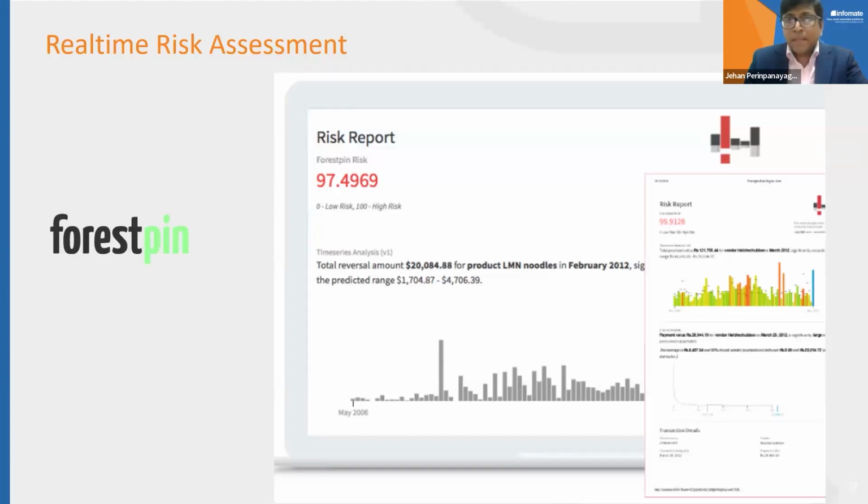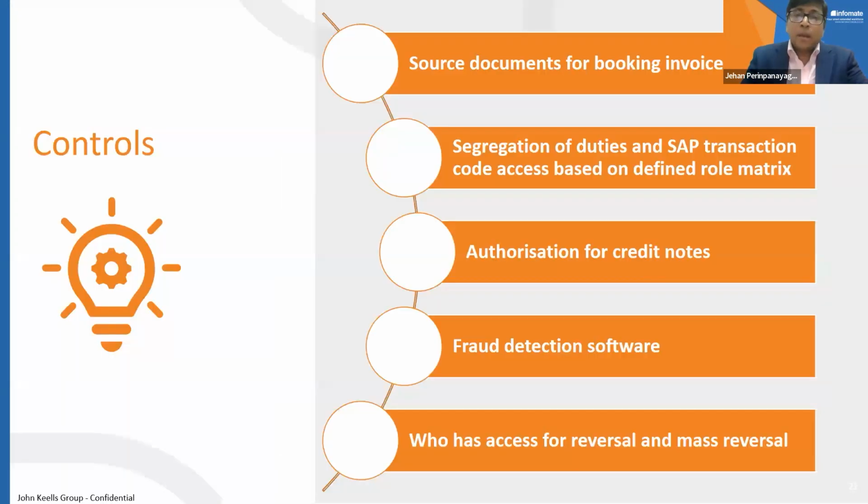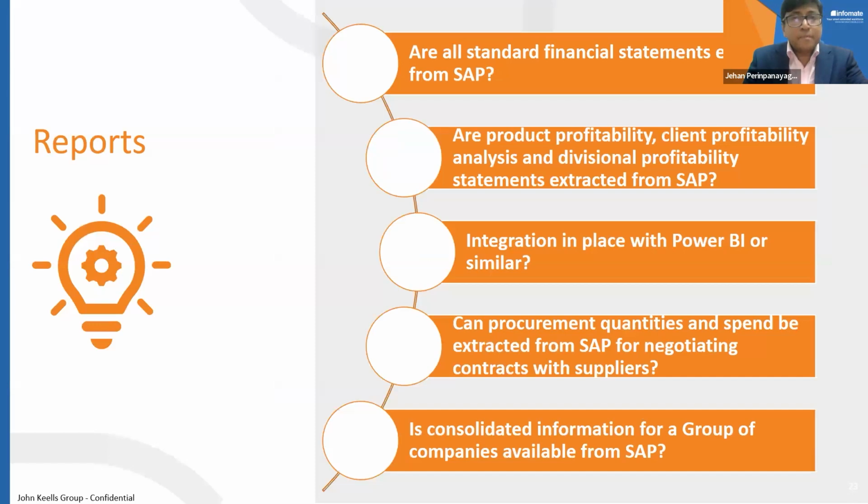So what it means is that your audits are happening instantaneously rather than once a year. It's also happening on the entire population rather than on a sample. Who has access for reversal and mass reversal? Please check this out because you don't want someone reversing transactions without the proper authorization.